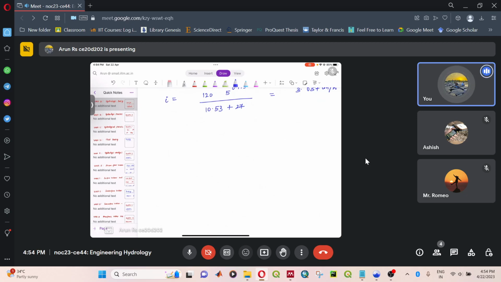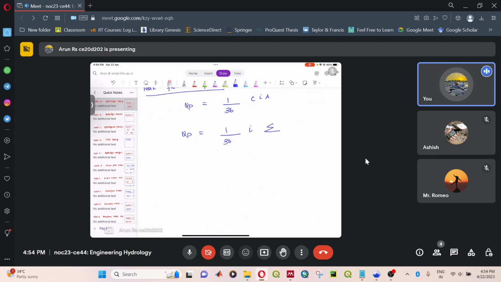Now we can calculate the peak discharge using the rational method. So Qp is given by 1 by 36 CIA. Here we are having two catchments, so I am modifying the equation a little bit.